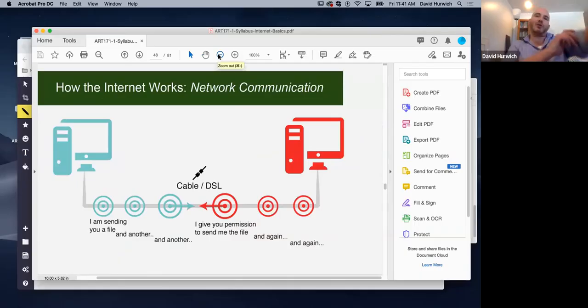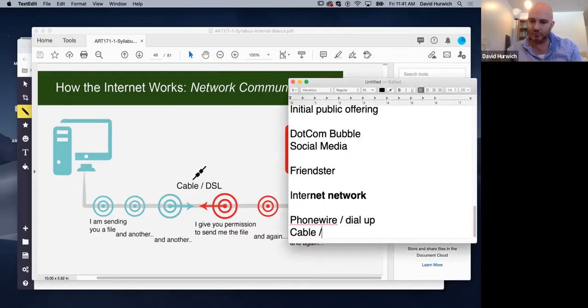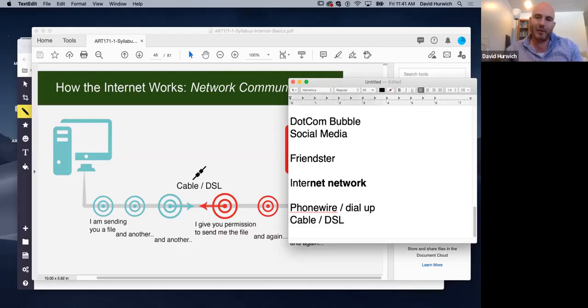What happened around the late 90s and early 2000s is we got something referred to as cable or DSL. Cable is the company that brings you cable TV, if you still have it.